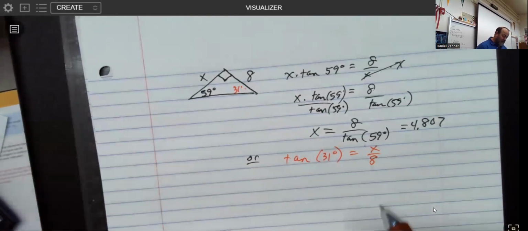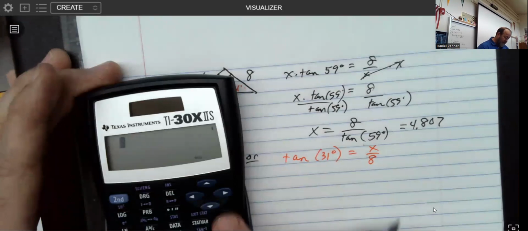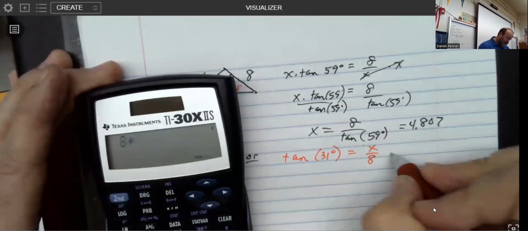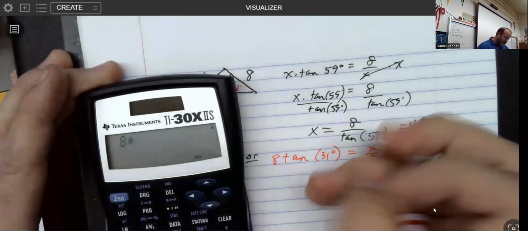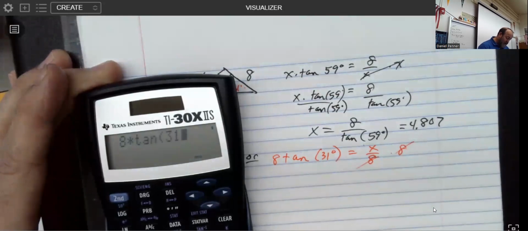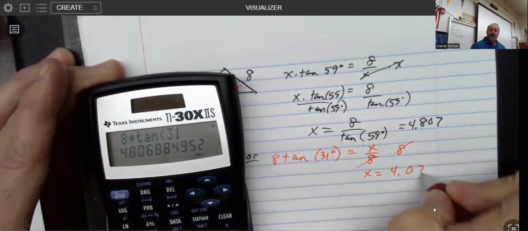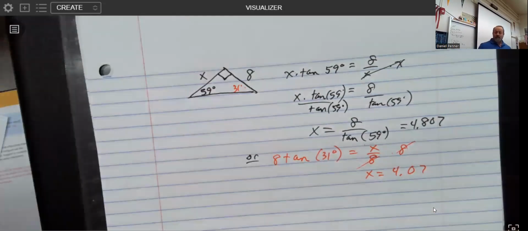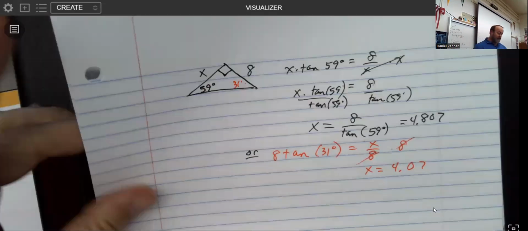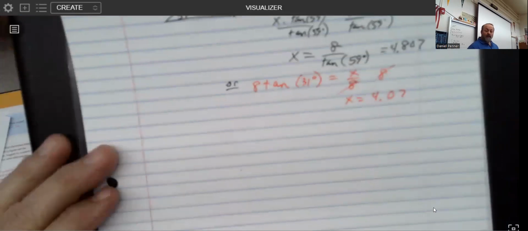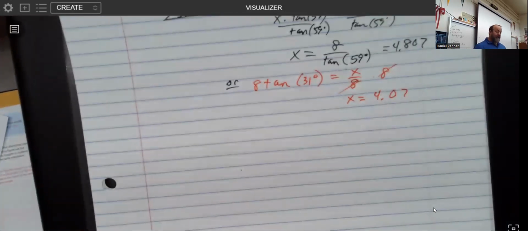And then all I need to do is multiply both sides by 8. Because again, if I multiply by 8, those would cancel. And 8 tangent of 31, you're going to notice that x would be 4.807 again. So I find it faster sometimes to try the other angle to see if maybe that ratio looks a little bit easier. Now we can use this in a variety of ways.